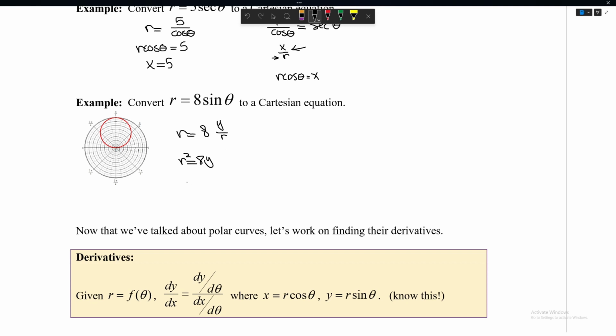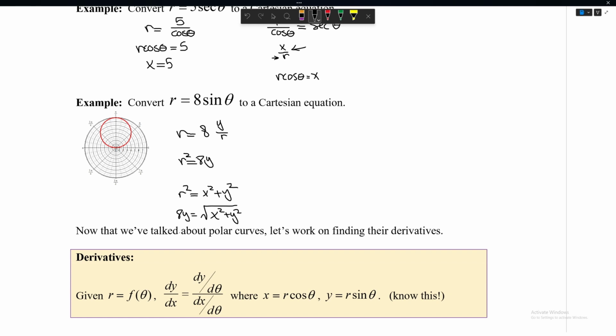You either want to get an r squared, or you want to get to a tan, or to an r cos or an r sine. All those things you can transfer. So r squared equals x squared plus y squared. Now I can sub this in. Everything is in terms of x and y, and we have our Cartesian equation.